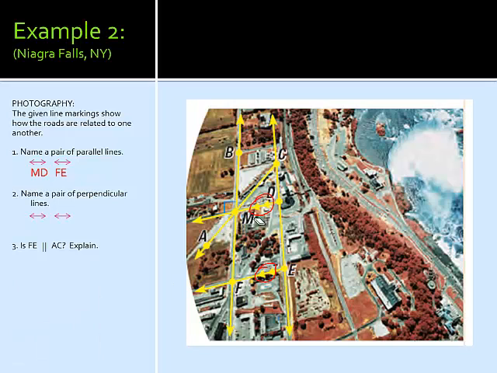And the reason is, remember, naming lines has to do with 2 points. So MD and FE are the lines that you can name. What about a pair of perpendicular lines? Well, again, I have to look for the right angle, and the only place that I see the right angle is right here.